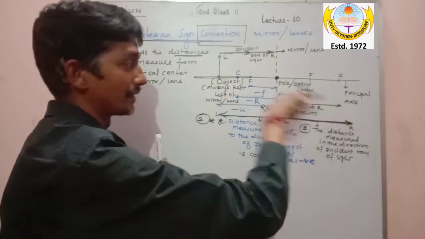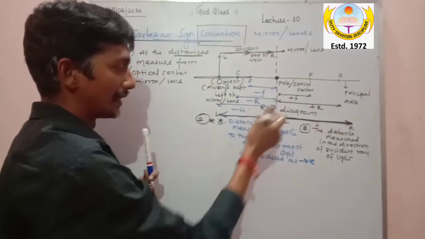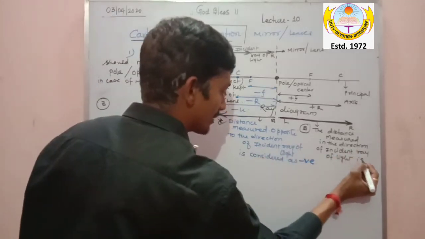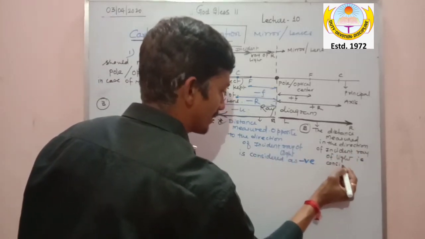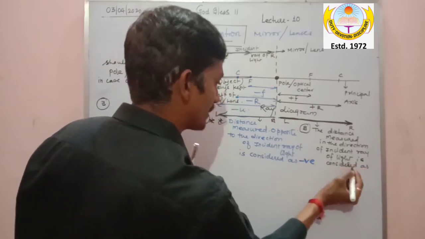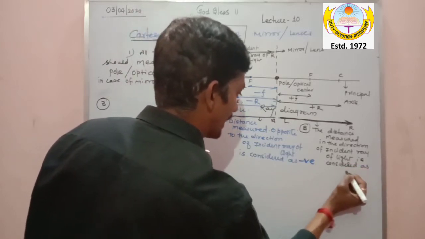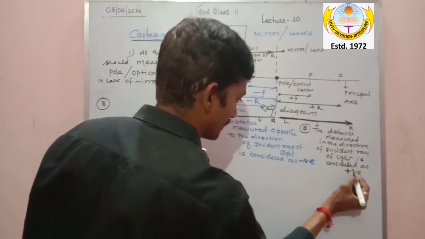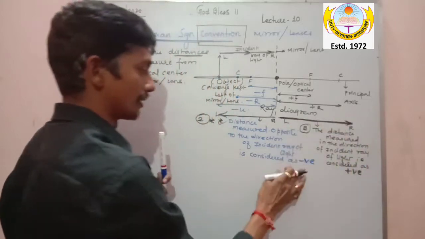I have measured this distance in the direction of the incident ray of light, and this distance was measured in the direction opposite to the incident ray of light, and is considered as positive, because this is negative.